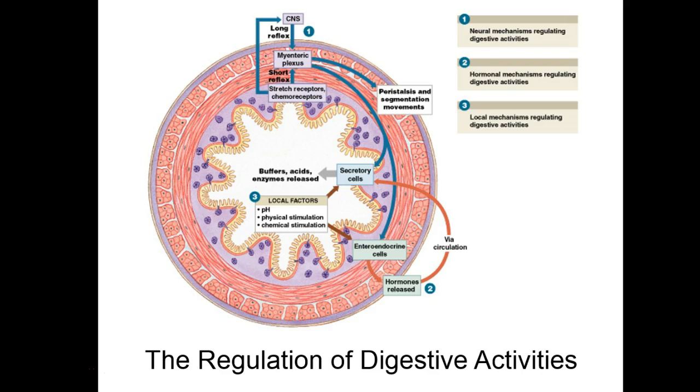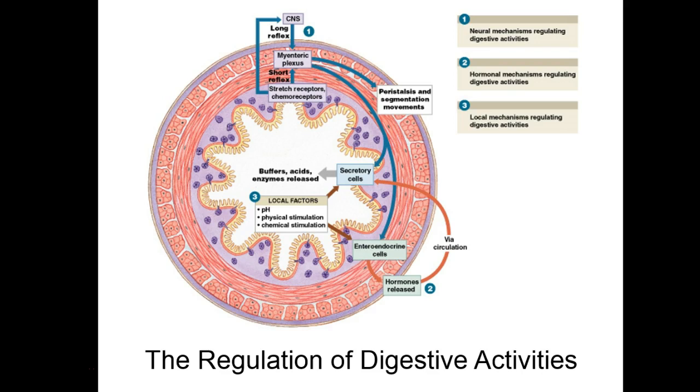This is going to facilitate the release of chemicals that regulate the environment, so the pH, and release acids, buffers, and enzymes, the chemicals needed at that moment to change pH, to stimulate the muscles, or to stimulate chemicals to be released.